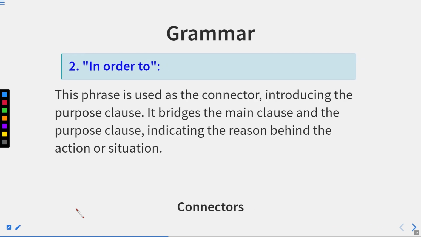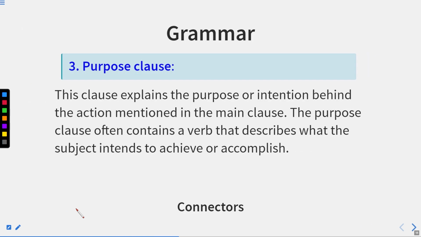This phrase is used as a connector introducing the purpose clause. It bridges the main clause and the purpose clause, indicating the reason behind the action or situation. The purpose clause explains the purpose or intention behind the action mentioned in the main clause. It often contains a verb that describes what the subject intends to achieve or accomplish.